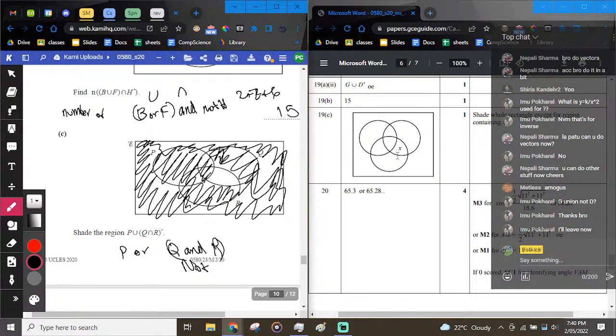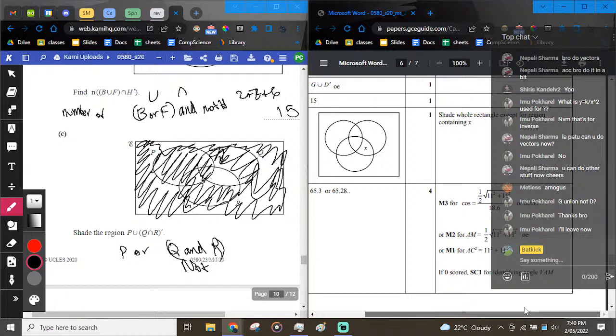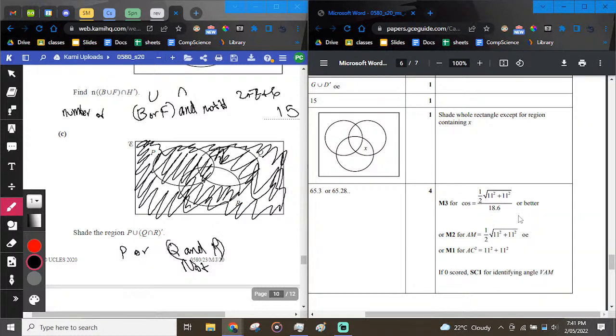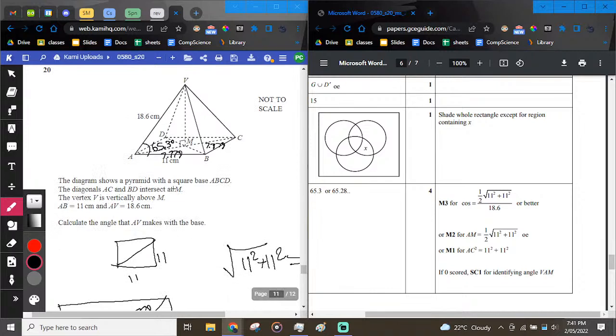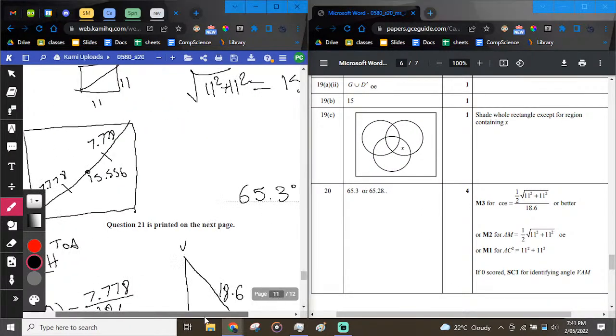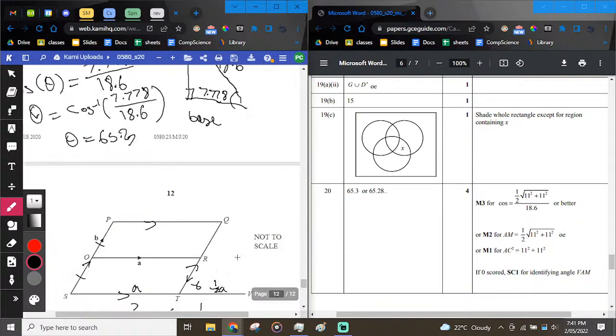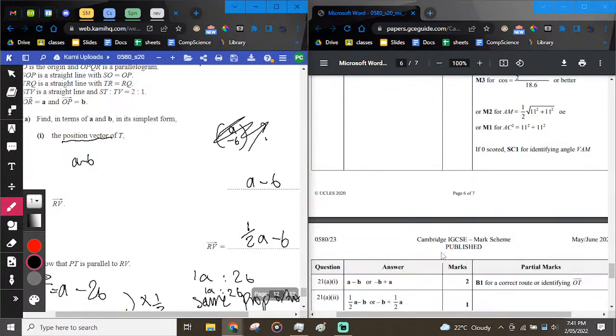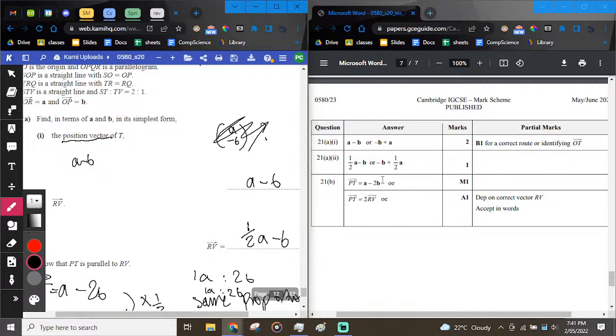Shade the region. Shade the whole rectangle except for the region containing X. Yes. 26.5, yes. A minus B. Half. Yeah.